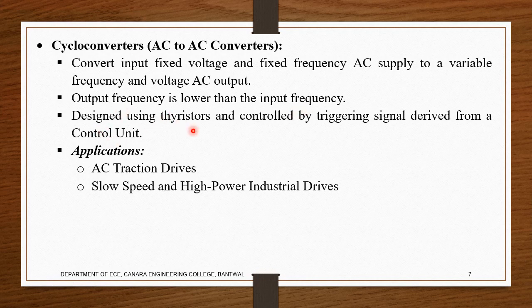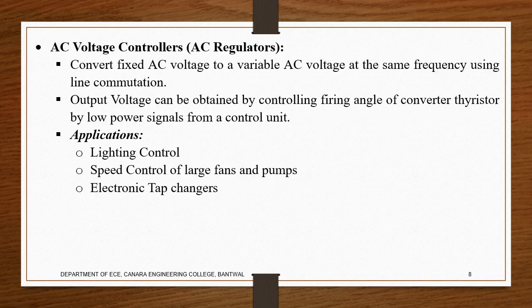Designed using thyristors and controlled by a triggering signal derived from a control unit, so you should have a control unit. The applications are usually AC traction drives, slow speed and high power industrial drives; big machineries or big factories will usually use this kind of converter.